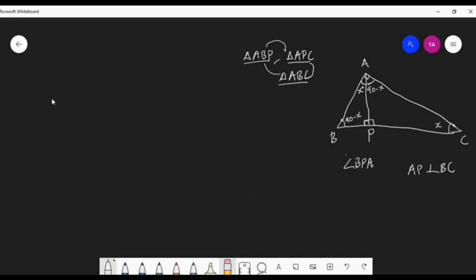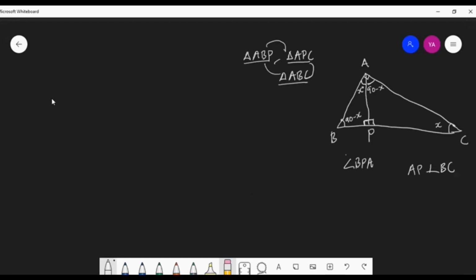Okay, so I explain again. Given that AP is perpendicular to BC and angle A is the right angle of triangle ABC, 90 degree angle. From that 90 degree angle, AP is drawn to BC, perpendicular to BC. And we want to prove that these three triangles are similar. So first we mark these 90 degree angles here, and then we choose one of the angles as x degree.